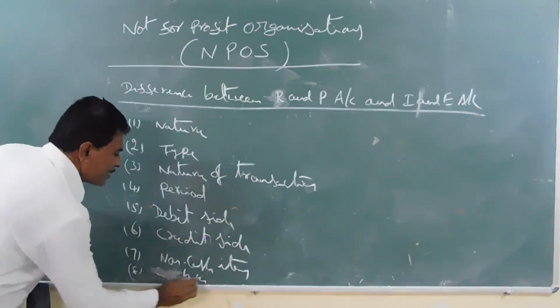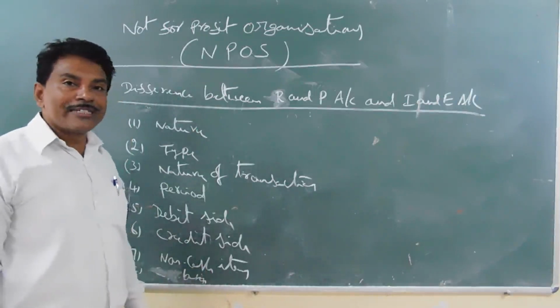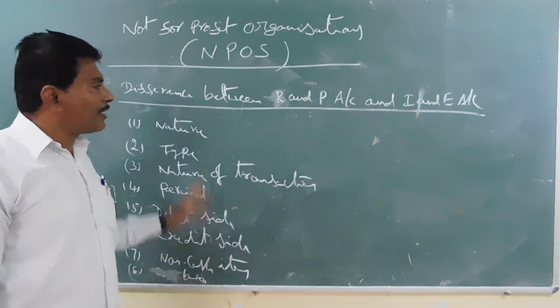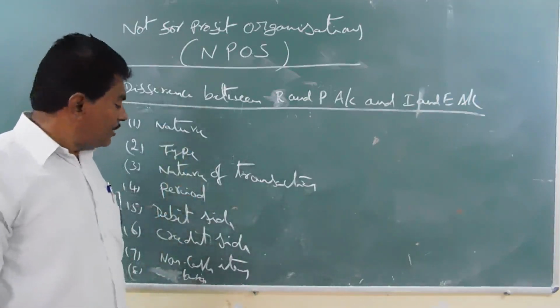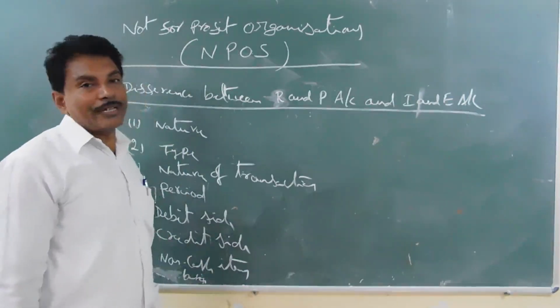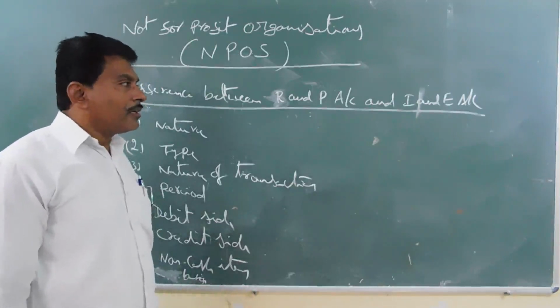Last difference, basis. The basis to prepare receipts and payments account is cash basis. If cash is received or paid, then only the transactions are recorded in receipts and payments account. Income and expenditure account is prepared on accrual basis. Accrual basis means irrespective of whether received or paid, it is recorded.